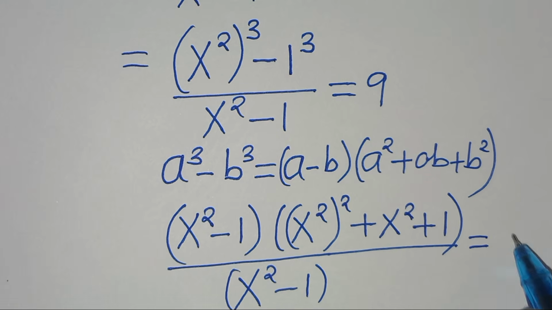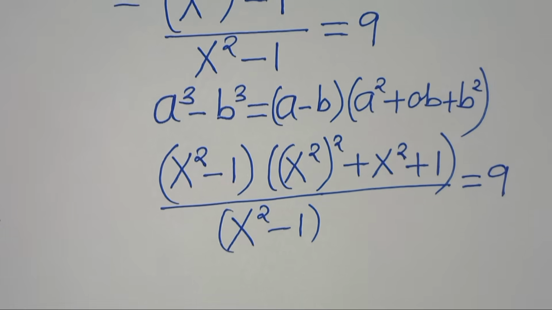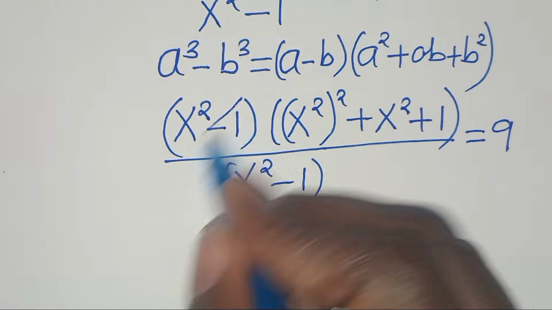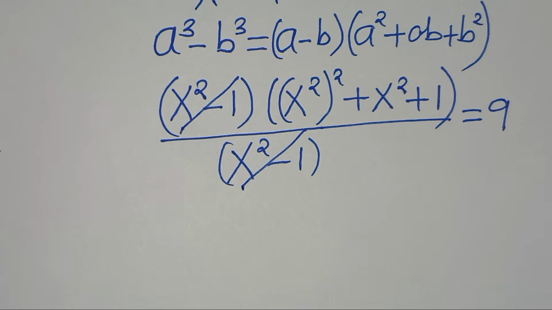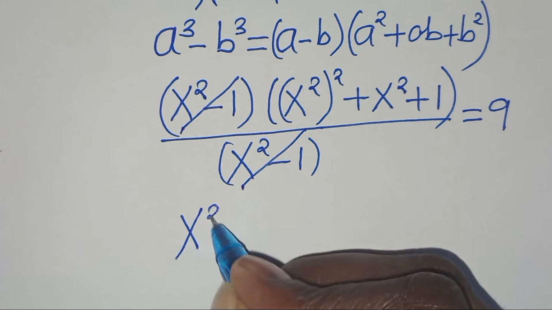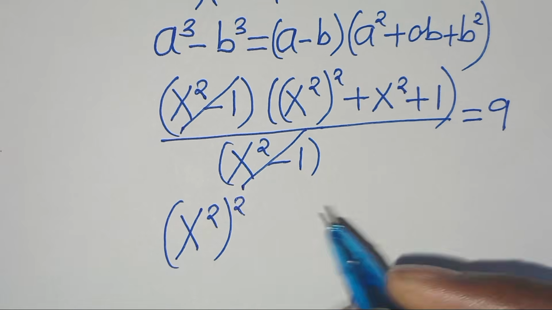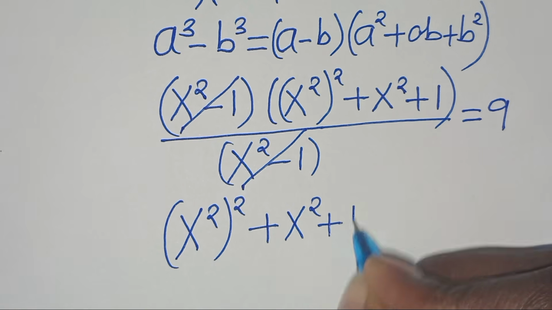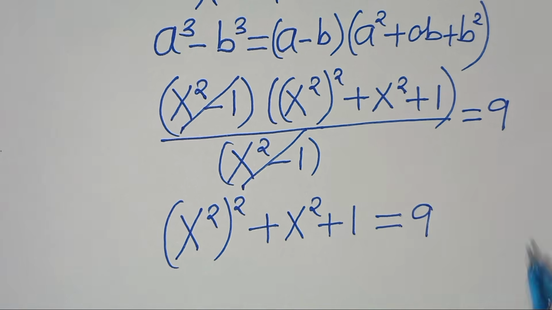This is equal to 9. Now we can simplify x squared minus 1, so that now we have x to the power of 2 raised to the power of 2 plus x to the power of 2, then plus 1. This is equal to 9.